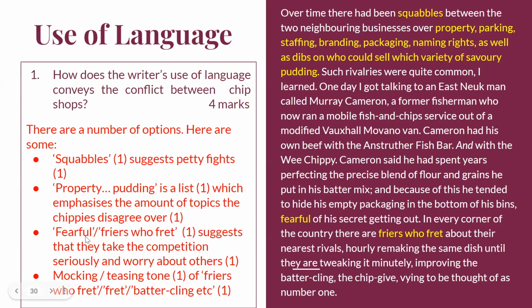You can only quote that or that. Friars who fret is alliteration. I'll come to that in a minute. But you have the idea of these chippy men and women who are worried and take the competition seriously. They worry about other people. If you just quoted fret, that would also be fine.